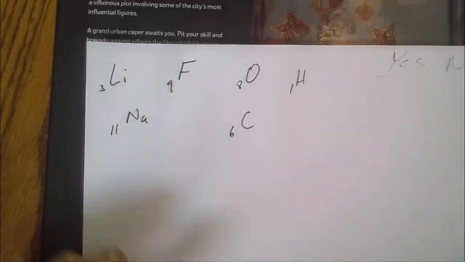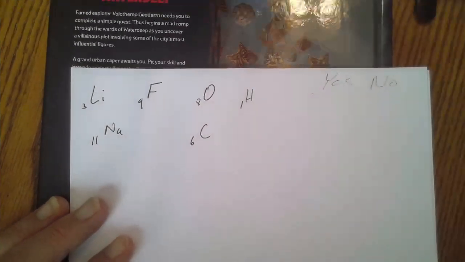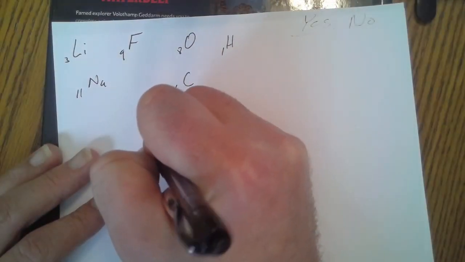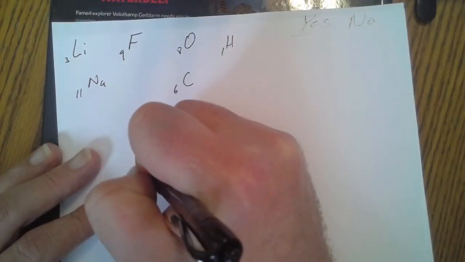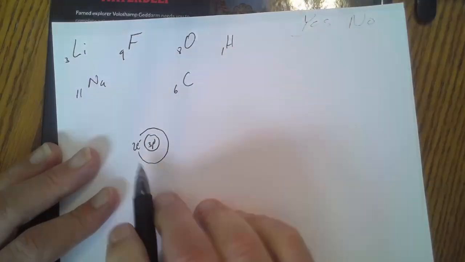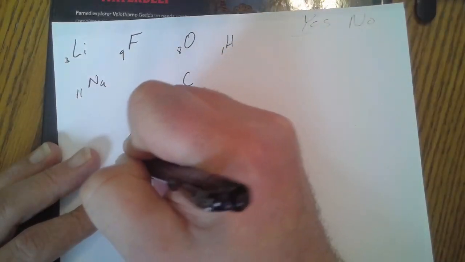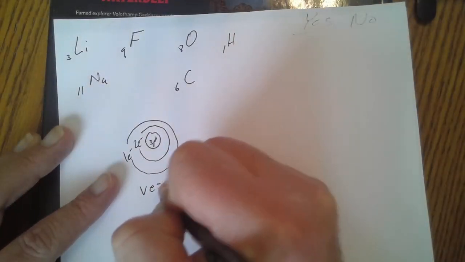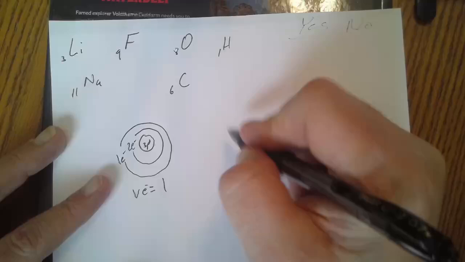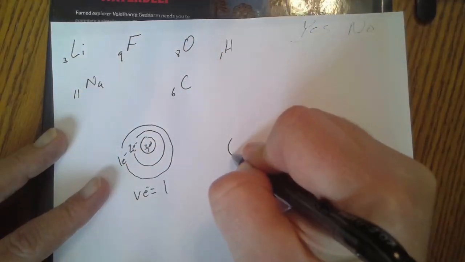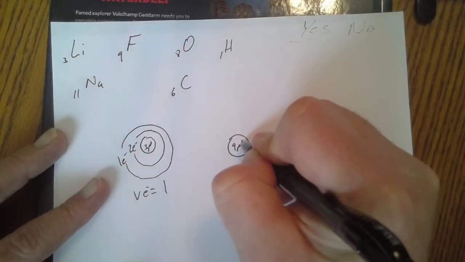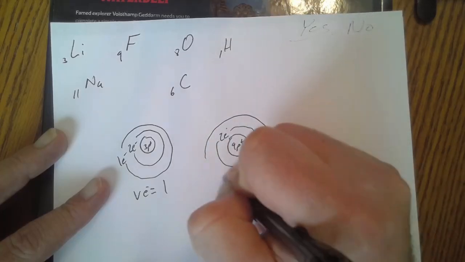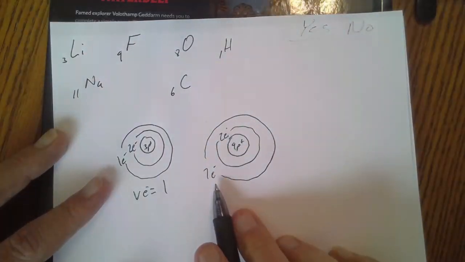It's easy enough. If we take something, for example, like lithium, lithium has 3 protons and 3 electrons. There's our first 2. There's our last one. The number of valence electrons here equals 1. If we take fluorine, it has 9 protons. 2 plus 7 equals 9.